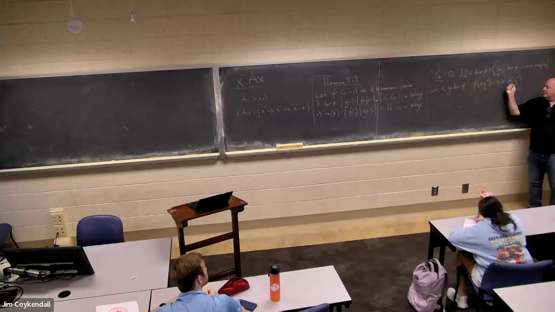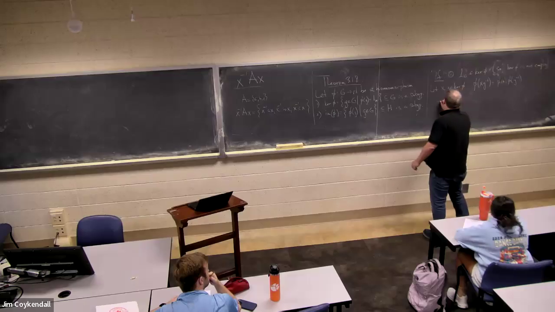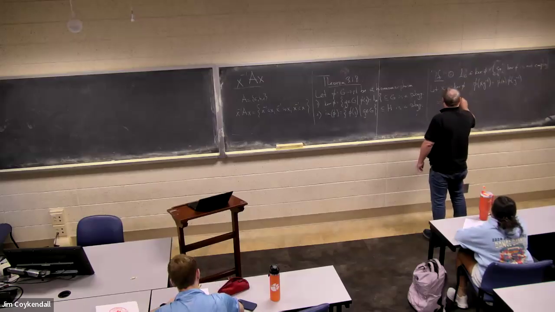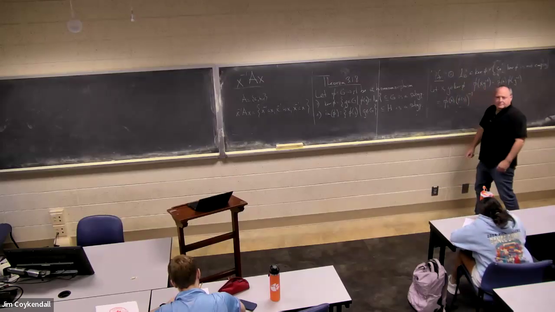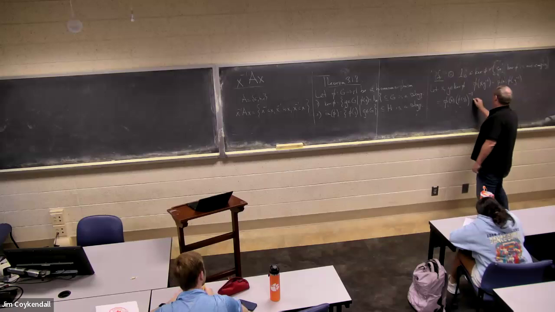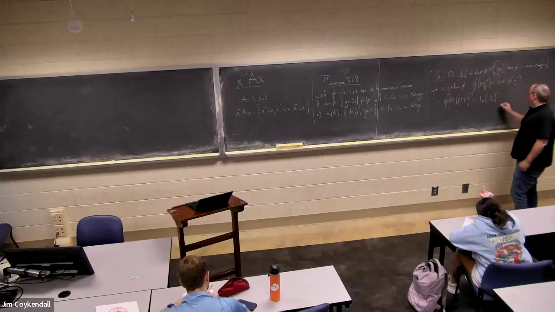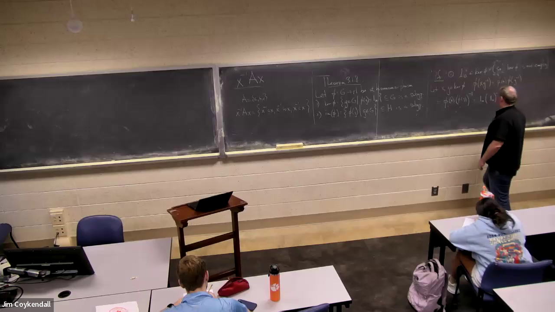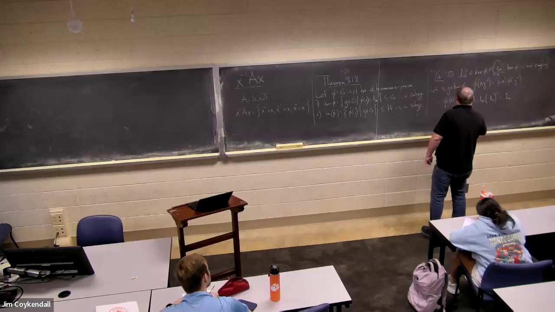Can anybody think of some way that I can massage this one? It's another way to write phi of y inverse. Right, that's one of our properties of homomorphisms from last time. Phi of x is the identity of H, phi of y is the identity of H, so it's its inverse. So x y inverse is in the kernel of phi.